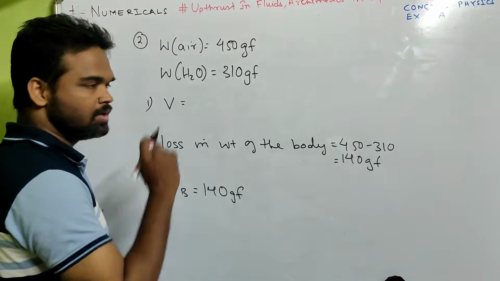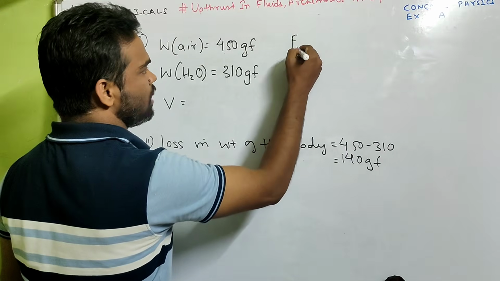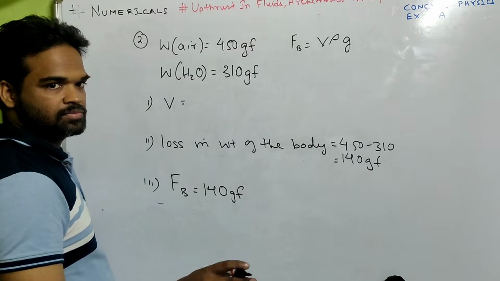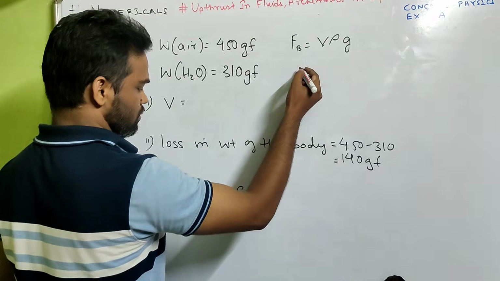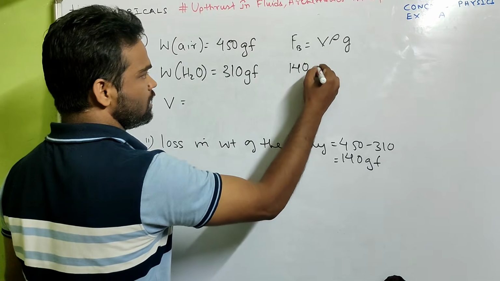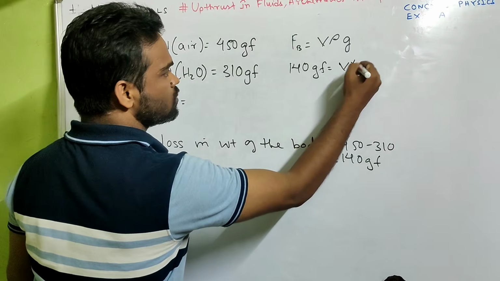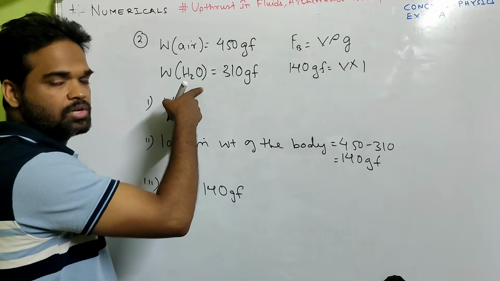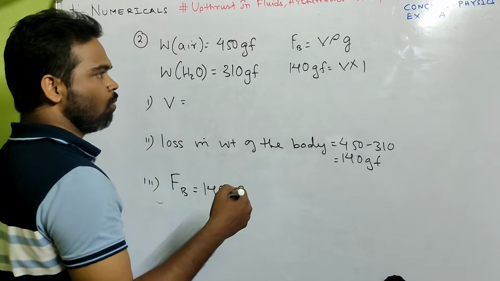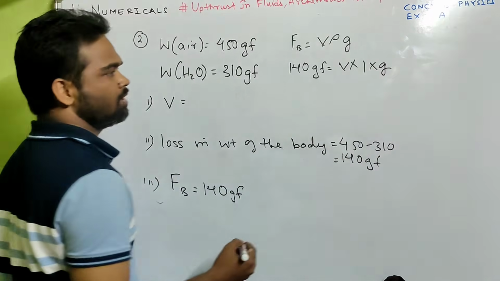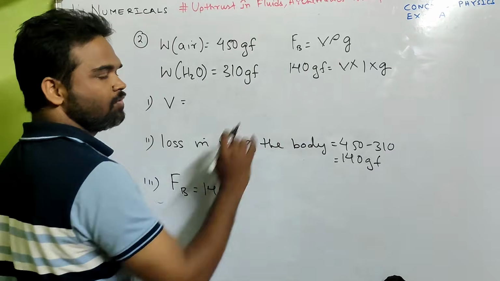Now volume. We know upthrust is equal to V rho G. We've done this. Now this is 140 gram force. We don't know V. Rho is 1 because it's water. So we are assuming that the density of water is 1 gram per centimeter cube, and G I'll write as G only because this is gram force.